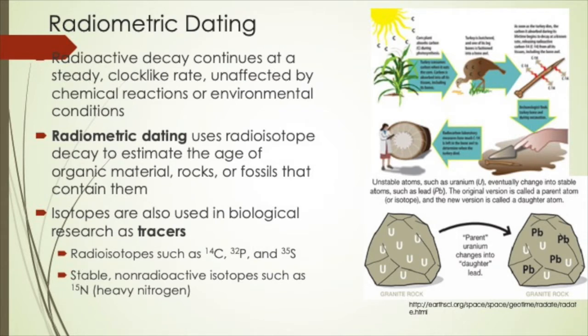So as it decays, it actually decays at a steady rate. It's unaffected by any type of environmental condition or any type of chemical condition. We can actually track it depending on time.